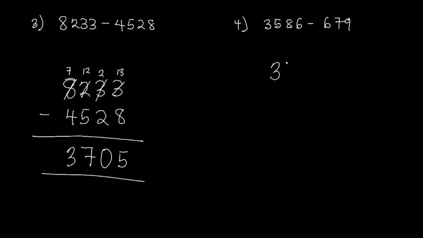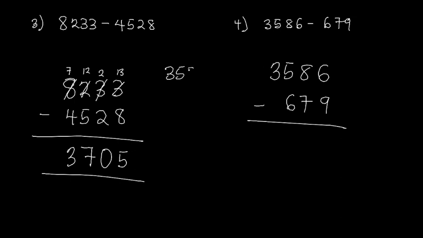We have 3,586 minus 679. Now if you look at it, the first number is in thousands and the second number is in hundreds. Note that I did not write it like this, 3,586 and then here 679.